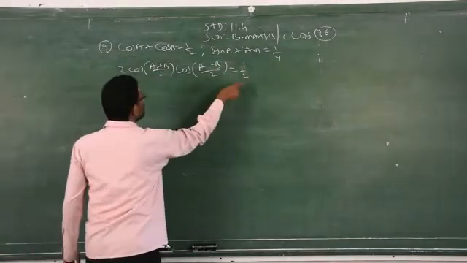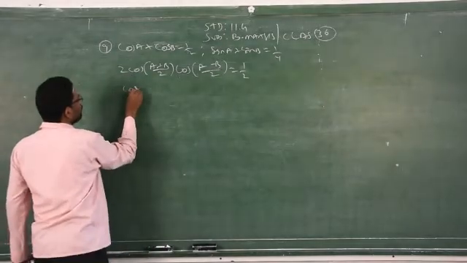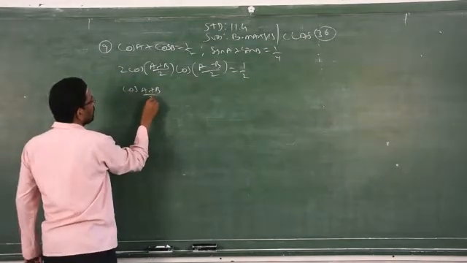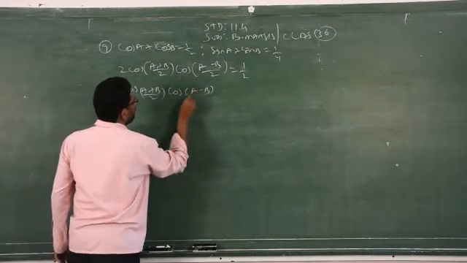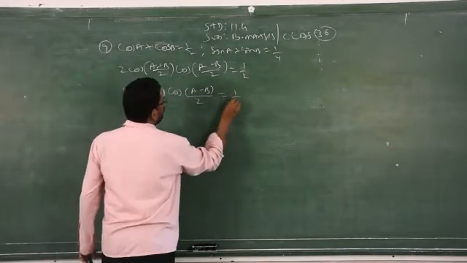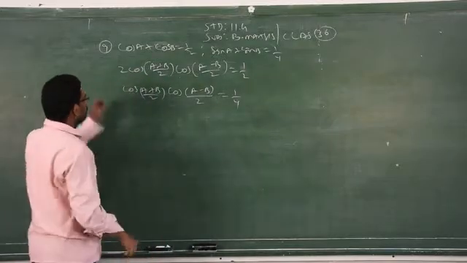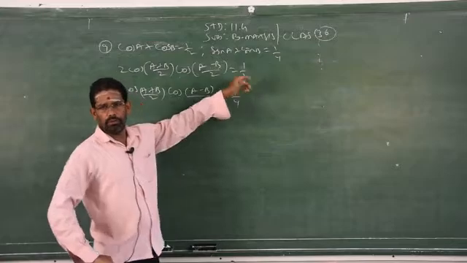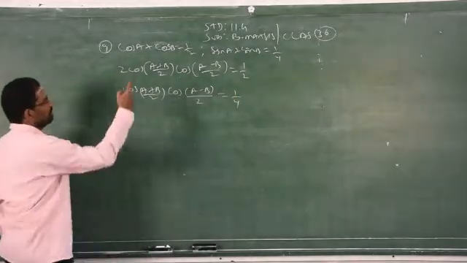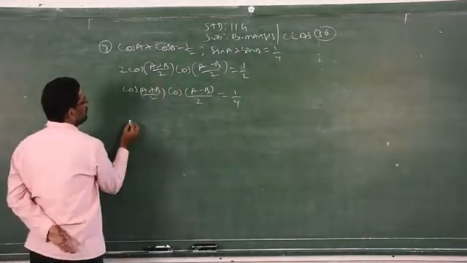You transfer this 2 to the right hand side, already we have 1 by 2, now it becomes 1 by 4.